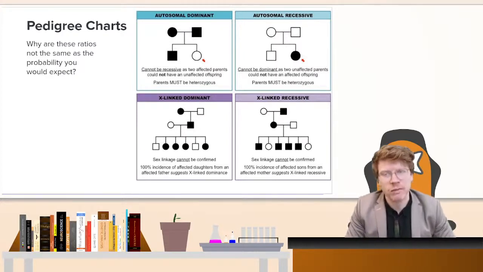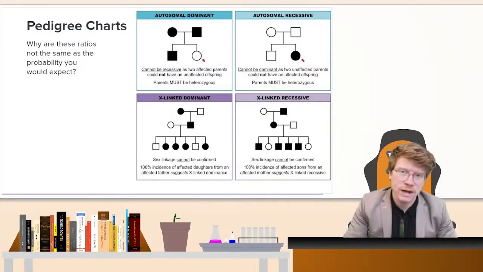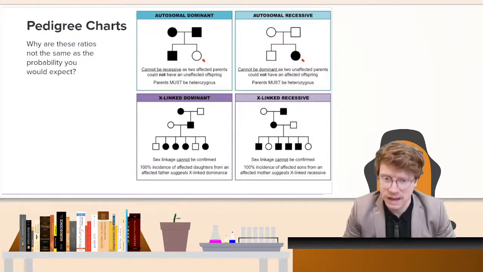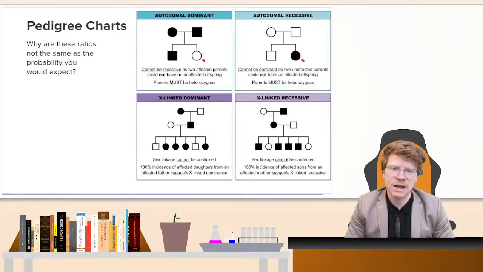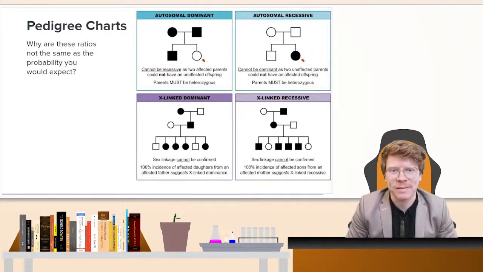And you can figure out from one of these family trees whether a trait is a dominant or a recessive trait. Now, the word autosomal here just refers to any gamete that isn't a sex gamete, right? I think X-linked or Y-linked, those are a little bit complex. I don't think we touch them at this level. If you're interested, you can learn a little bit more about them though.